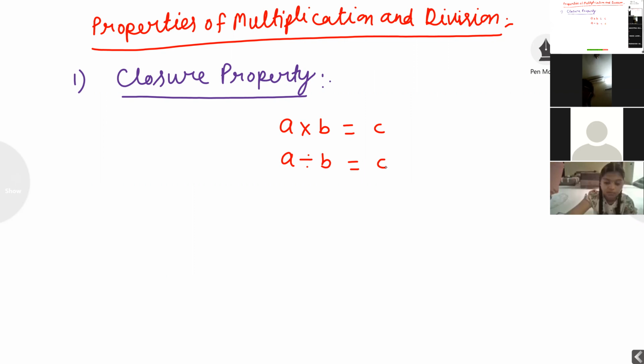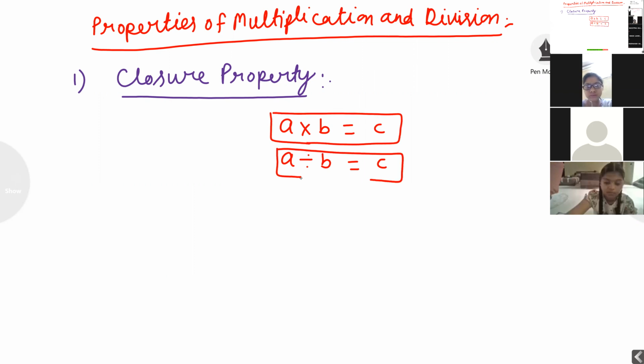Don't write, listen first. If A, B, and C are any three numbers, when we are multiplying two numbers, then one number will come. When I am dividing two numbers, one more number will come, but there is an exceptional case. That's why we can't apply closure property in the case of division.